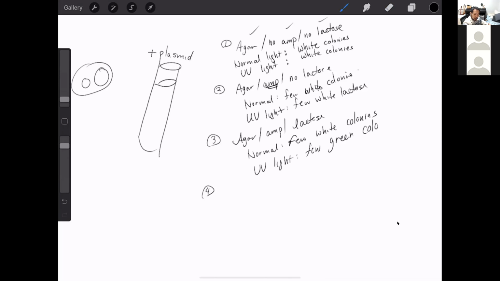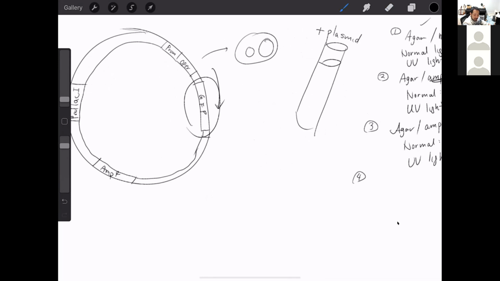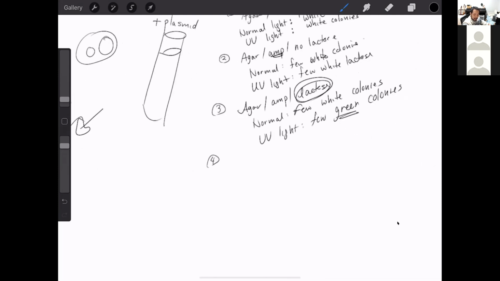Now remember, in this case, we're seeing green colonies because there's presence of lactose. And the presence of lactose allows these genes to be produced, because remember, if you have lactose, this one falls off, and the promoter binds to RNA polymerase, produces GFP. This is what's glowing under UV light. So under UV light, we have few green colonies that exist. And there's no other colonies. It's just few white colonies that turn green.